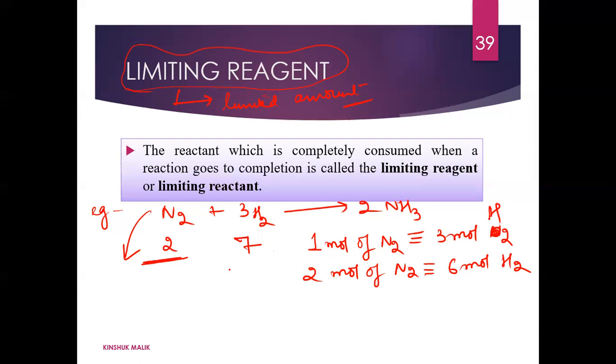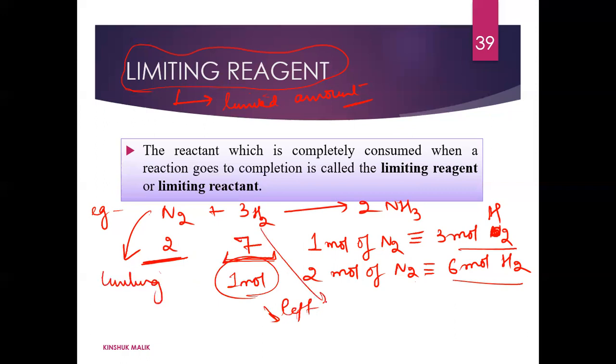Why? Because 1 mole of nitrogen reacts with 3 moles of hydrogen, so 2 moles of nitrogen will react with 6 moles of hydrogen. But here you have more than 6 moles of hydrogen. That means 1 mole of hydrogen will still be left. So here nitrogen is the limiting reagent and hydrogen is the excess reagent. I hope the concept of limiting reagent is clear to everyone.